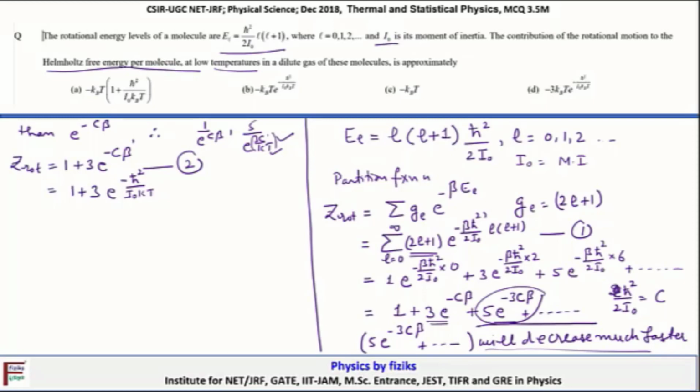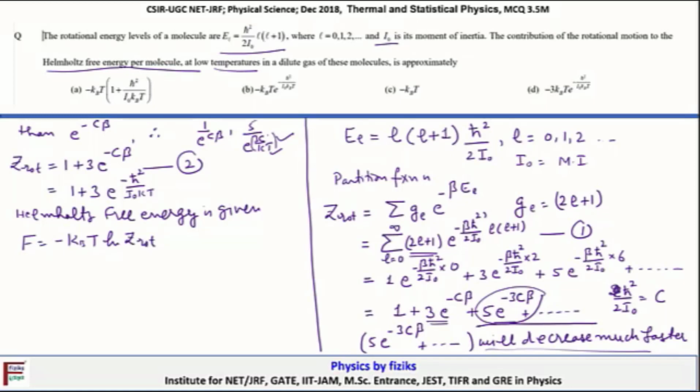Now the Helmholtz energy is connected to the partition function. The Helmholtz free energy is given as F equal to minus kT multiplied by the logarithm of the partition function.